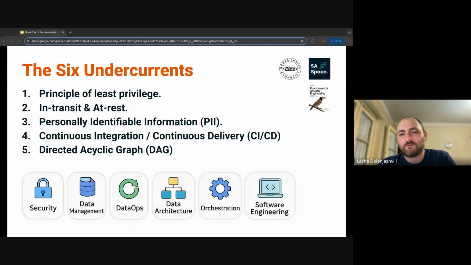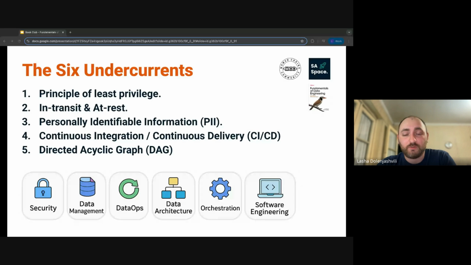Data governance also covers an ethical responsibility to handle data correctly, especially so-called PII data. It's personally identifiable information, and data management is very important to be compliant with different regulations like GDPR or CCPA.